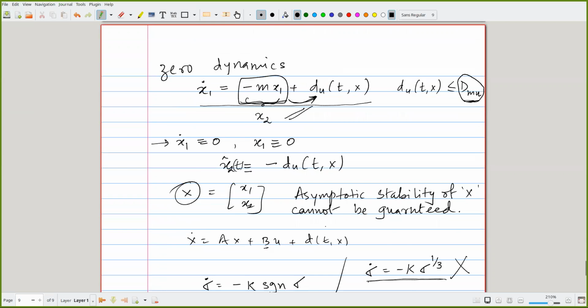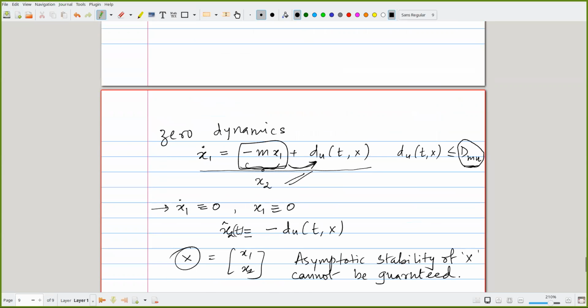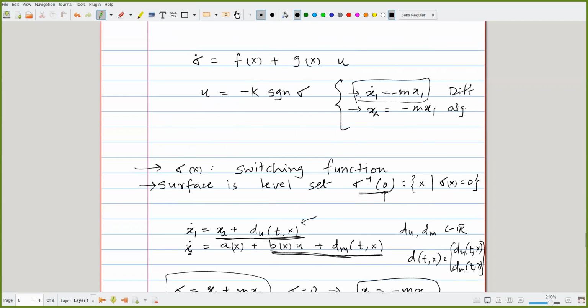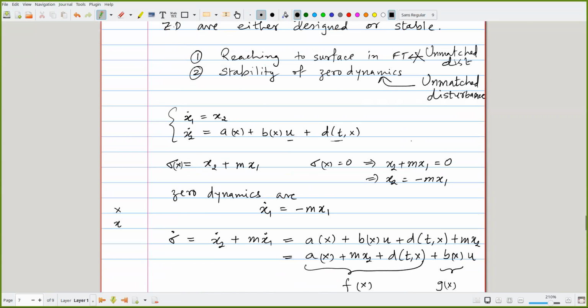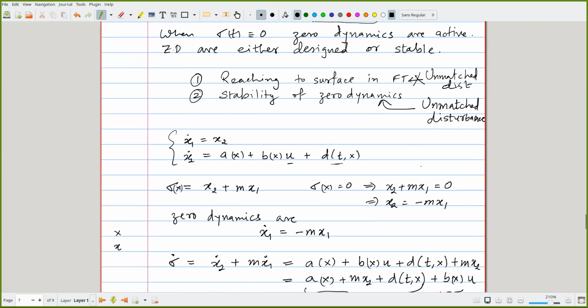The kind of robustness that we talked about here is that you have the disturbance bounded. This is the reason, because once sigma goes to zero, the zero dynamics has no disturbance. Although there could be an unmatched disturbance, assume there is no unmatched disturbance, then the zero dynamics will maintain the algebraic and differential equations.